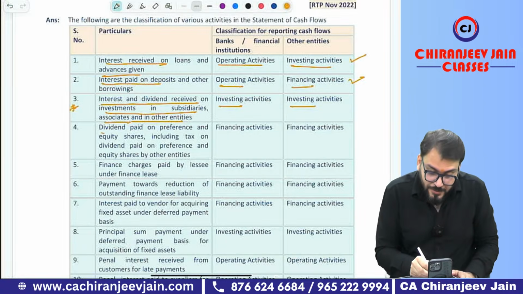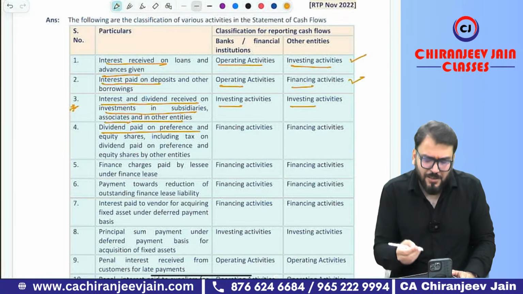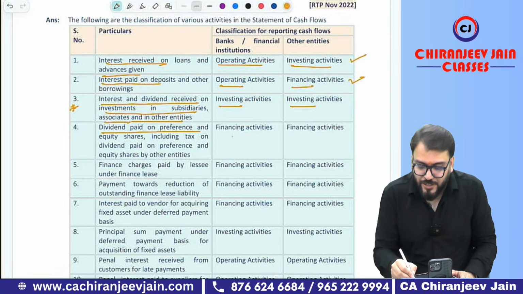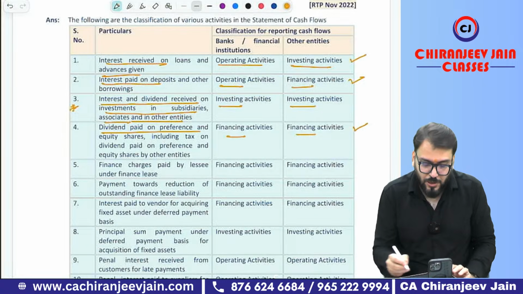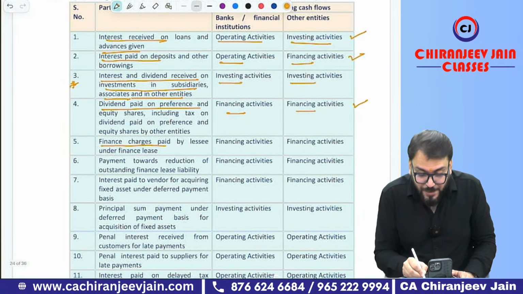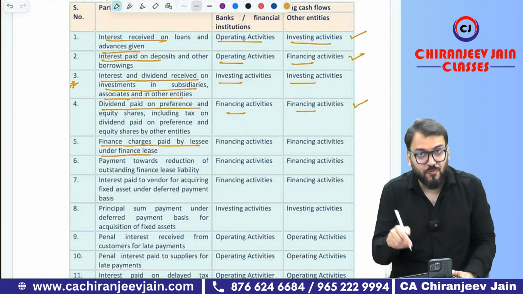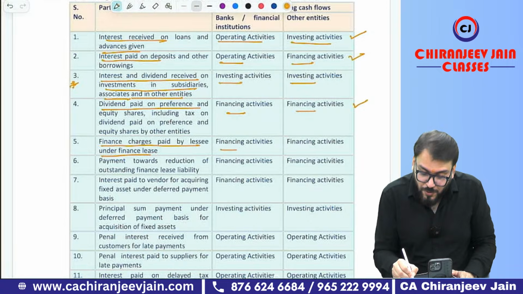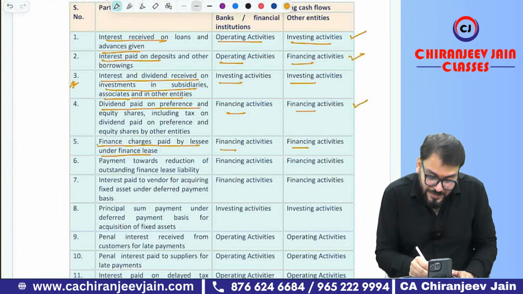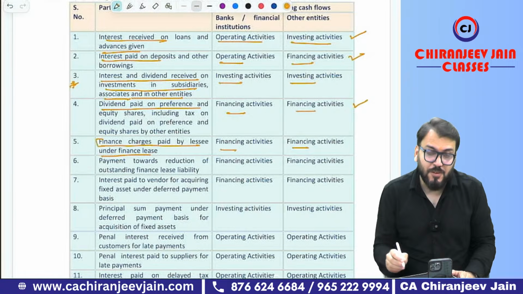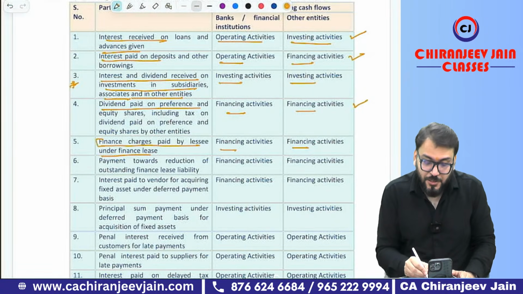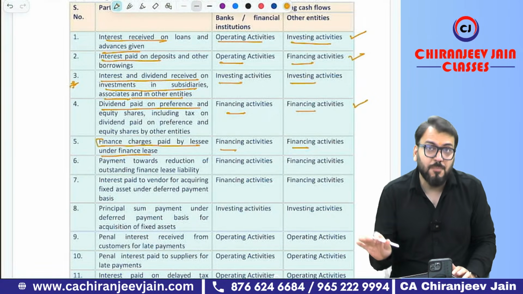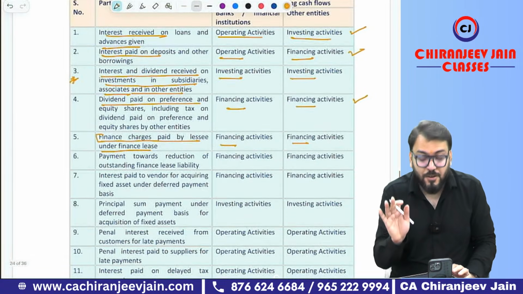Dividend paid on preference share capital and equity share capital, I have already said, is financing, no doubt. Finance charge paid by lessee under finance lease: one clarification has been given under Ind AS 116, both will be financing activity. Any finance charge paid by lessee and any payment of principal amount will also be financing activity.